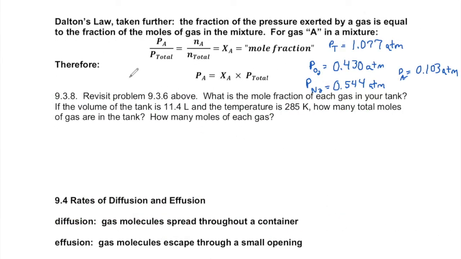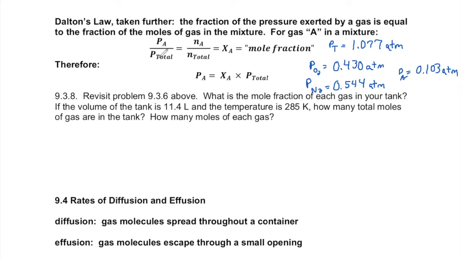All right, so let's revisit problem 9.3.6 above, where we figured out that the total pressure in the tank was 1.077 atmospheres because of these three partial pressures. The fraction of the pressure that's in your tank due to a certain gas is the same as the fraction of the moles that are in your tank over the total moles in the tank.